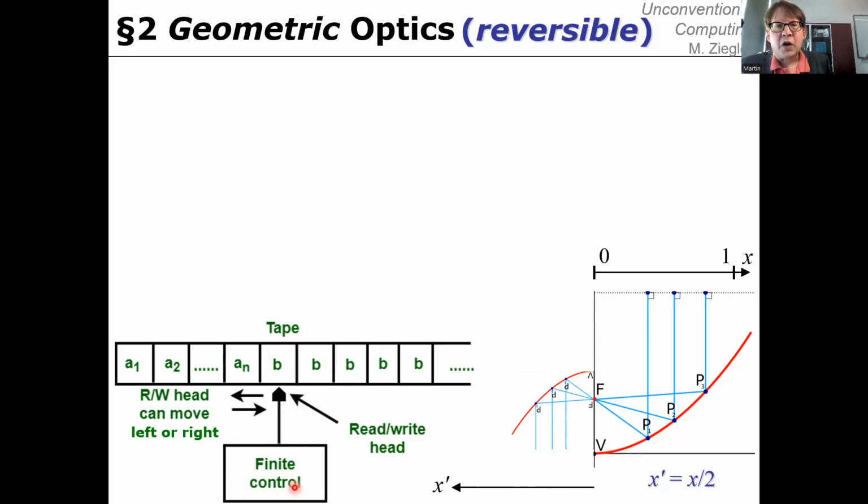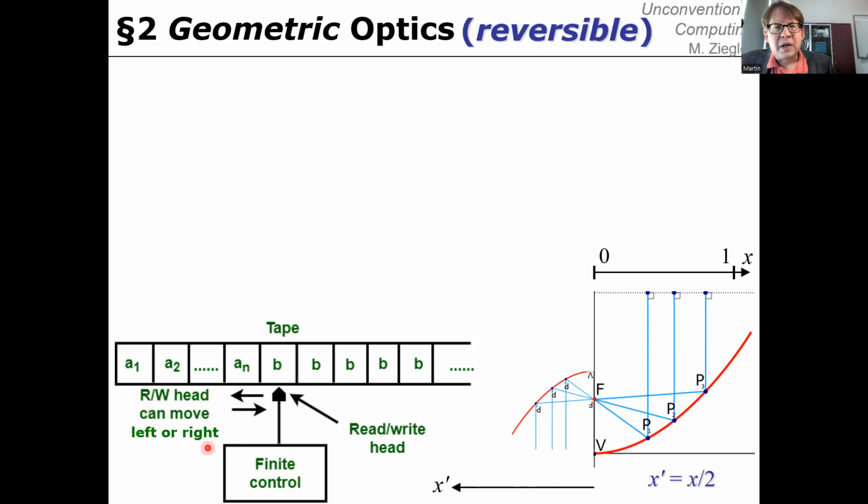It's like a finite automaton. There are finitely many states, and the state and the bit that is being read determine the next move of the Turing machine. For the next move, the Turing machine can overwrite and change the content of that tape cell, change 0 to 1 or 1 to 0, or keep 0 as 0, and then move the tape head one cell to the right or one to the left.